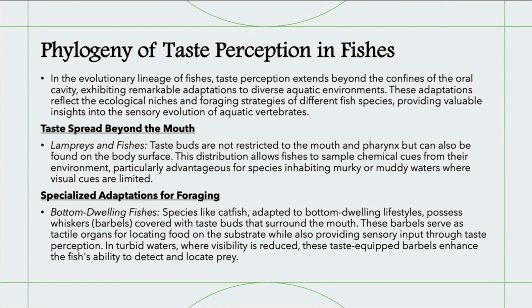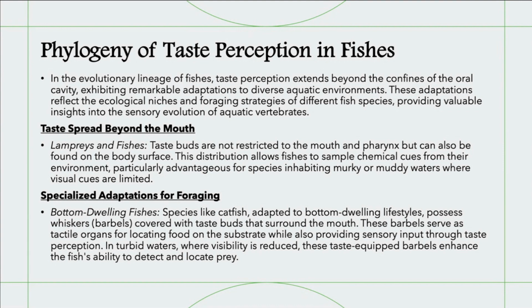prey in that way. Then the bottom-dwelling fishes, species like catfish, adapted to bottom-dwelling lifestyles, and because of this, they have whiskers covered with taste buds that surround the mouth. These whiskers serve as tactile organs that locate food and substrates, and also give them sensory input through taste perception.